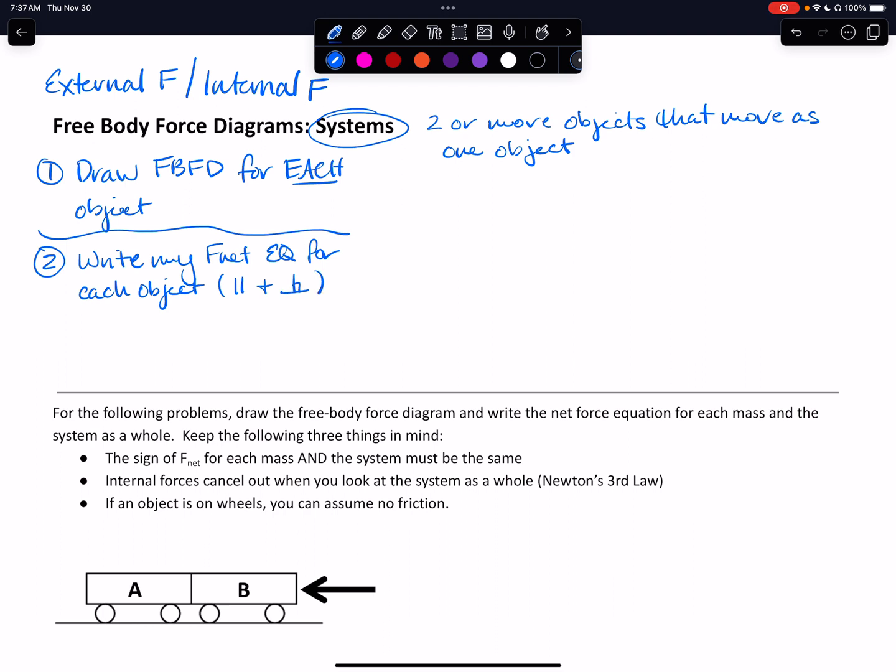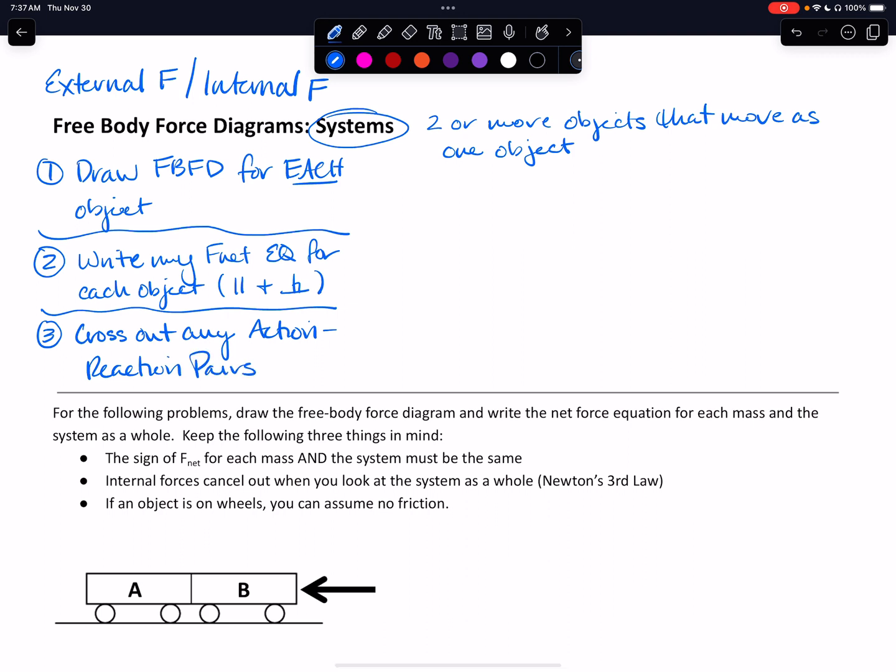All right. Once I have all of that completed, I'm going to cross out any action-reaction pairs. And we'll talk about how you can spot those. They most often are due to objects resting on top of one another or objects connected to one another through some sort of cable, rope, or string.